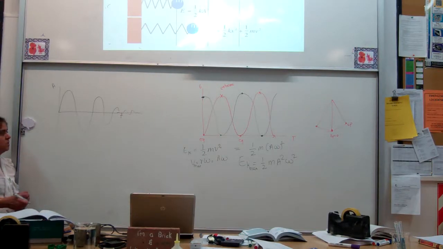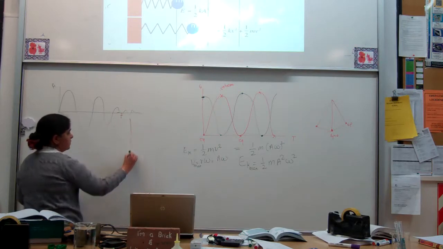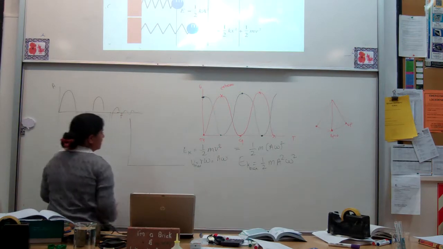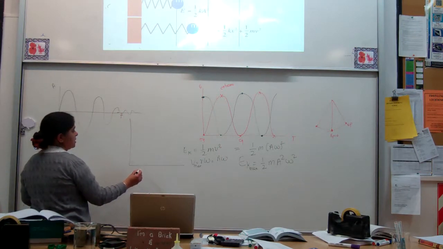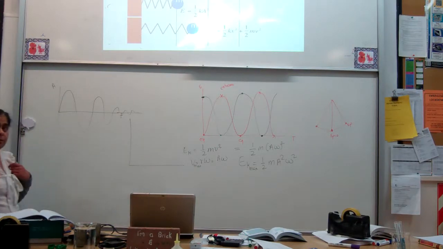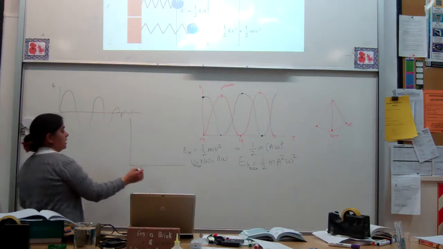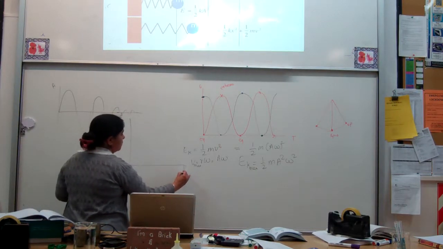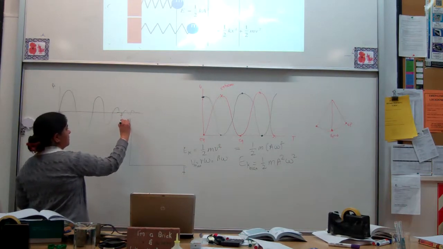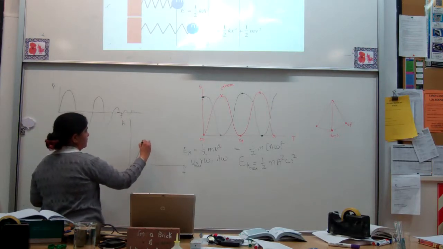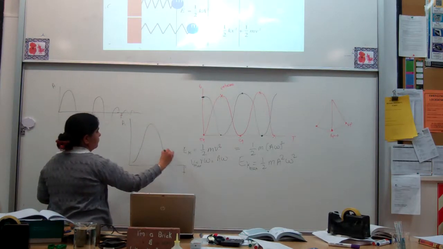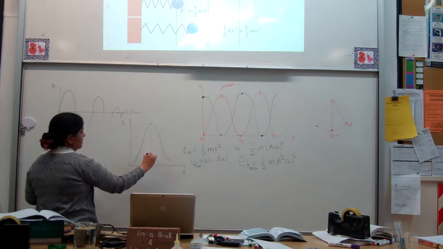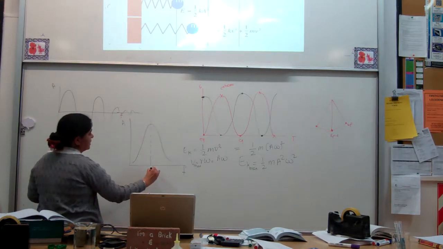And the last bit is the resonance graph. What are the two things in the resonance graph? We're not talking about AC circuit here. We are with the simple harmonic motion. Frequency against amplitude. That's the graph. This is the resonance frequency.